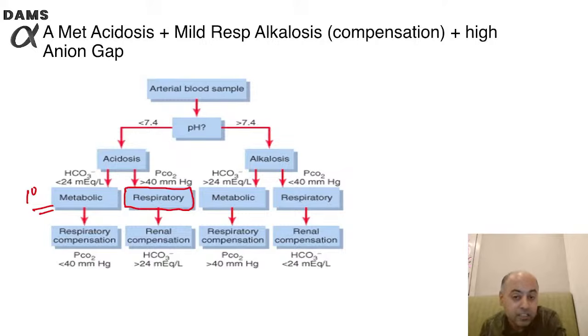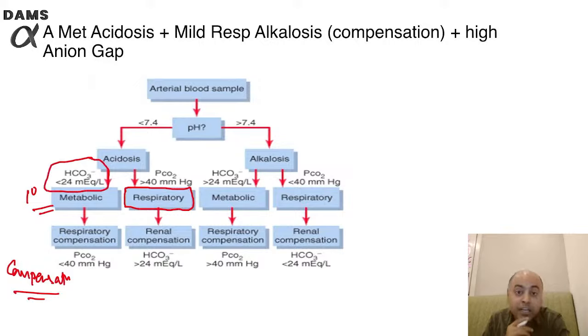In some of the cases, you are asked about the compensation, whether the compensation is there or not. If your primary diagnosis is based on the finding of bicarbonate, then you look at the PCO2 value again. There are two possibilities: the PCO2 value was not elevated as it should have been in acidosis. Either it is normal or it is going in the opposite direction.